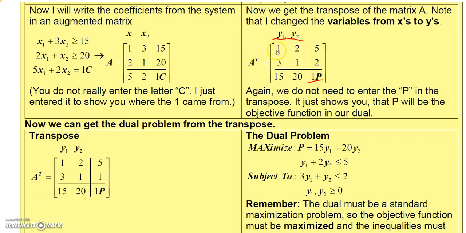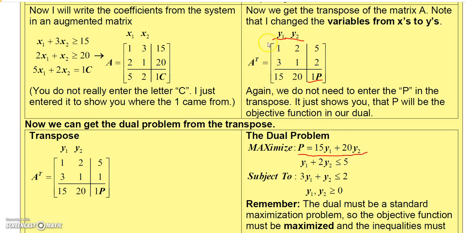Once I transpose the coefficients, I get my dual problem from this. The bottom row actually represents my new objective function. So my new objective function is going to be P equals 15y1 plus 20y2.